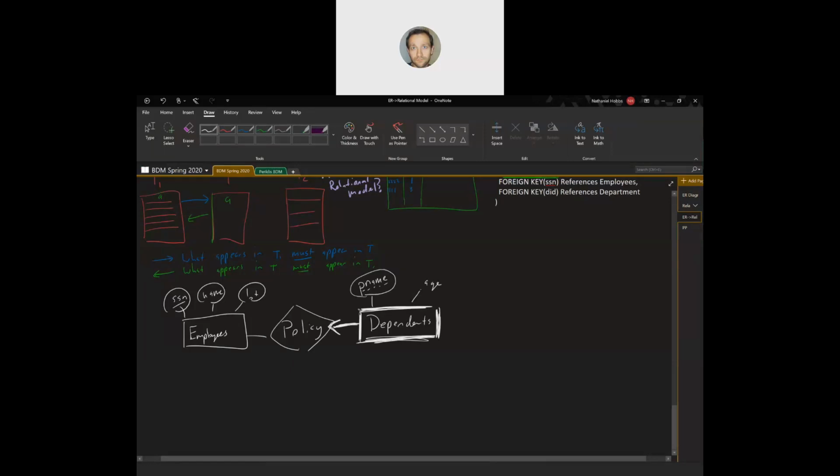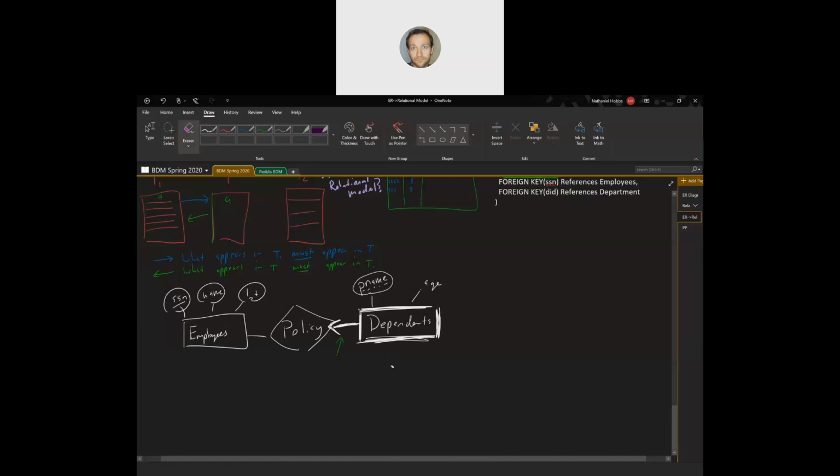So this is an example of a weak entity. I'll remind you, a weak entity is captured by a thick box and a thick arrow. A weak entity also has a key that is a dotted underline. That is to say that it's not unique in the case of a weak entity.